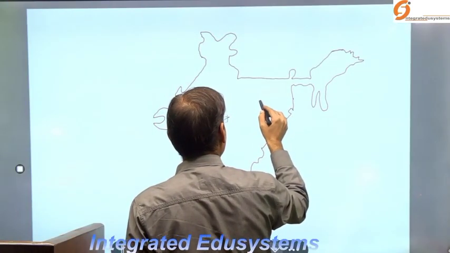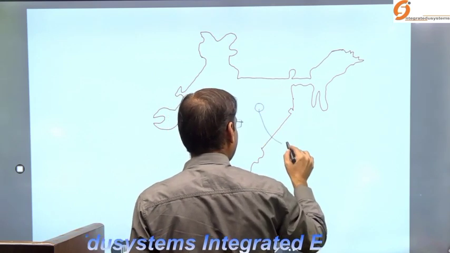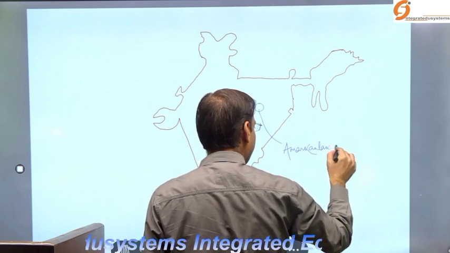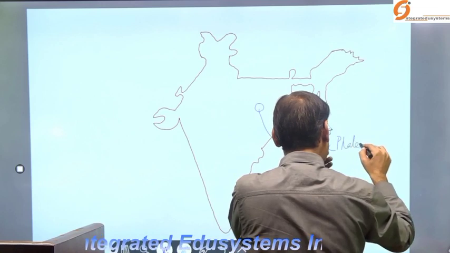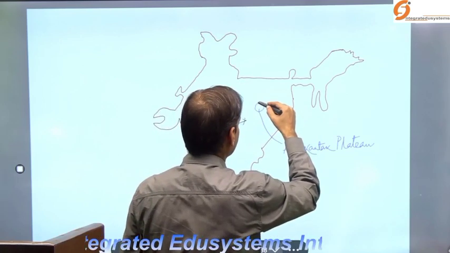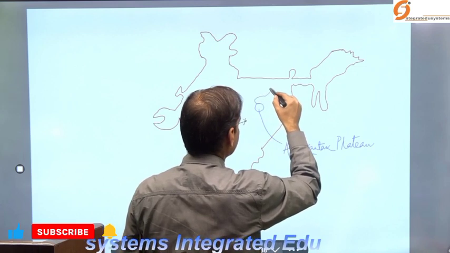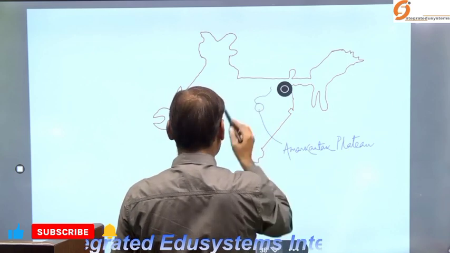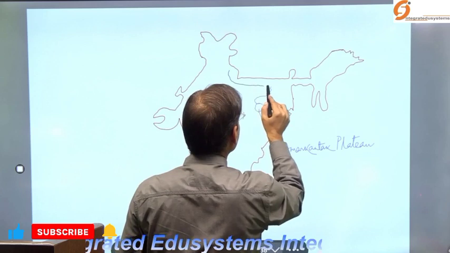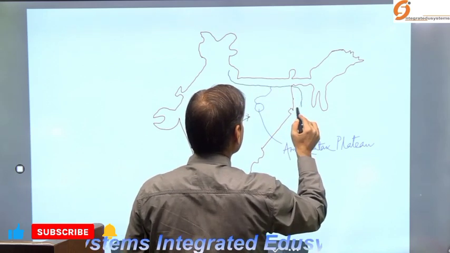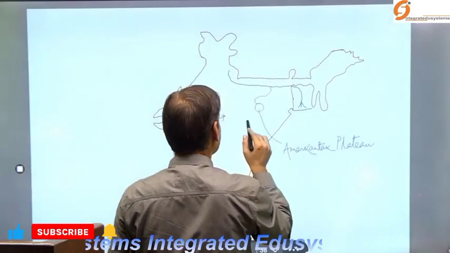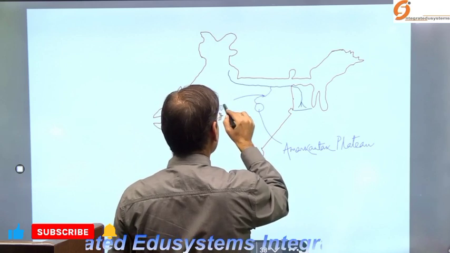So here there is Amarkantak. And from here the river which originates and drains into Ganga. This is Son.